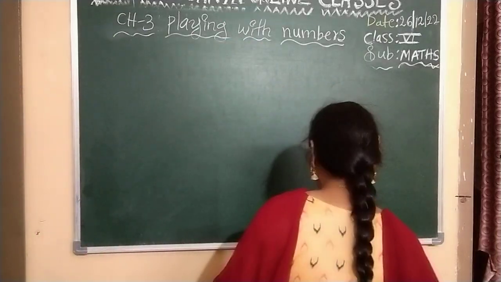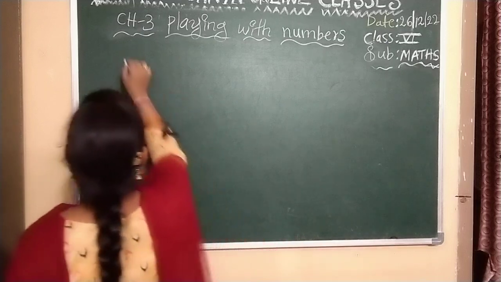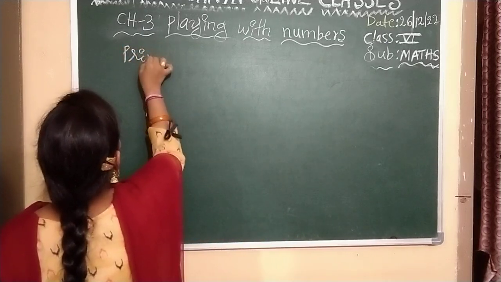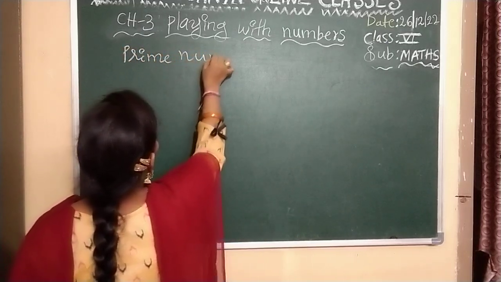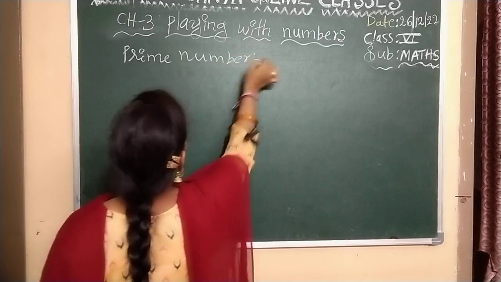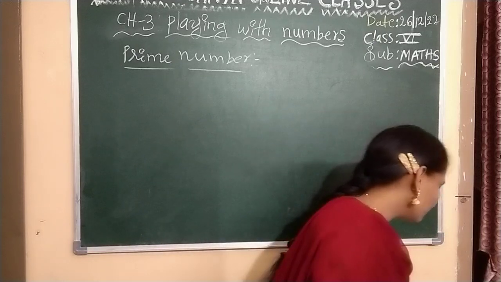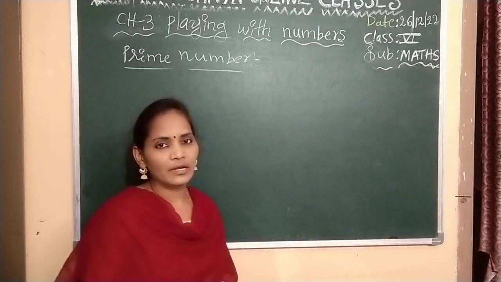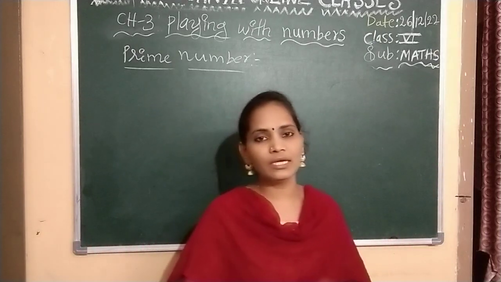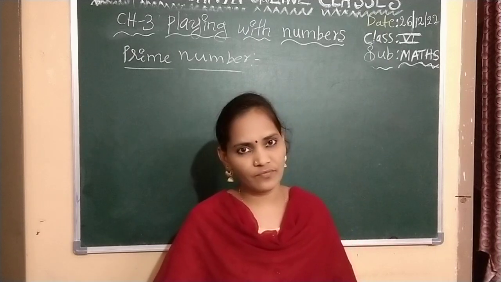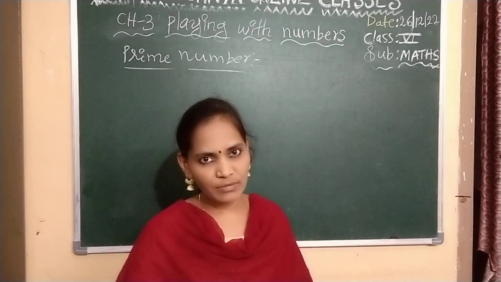Now, prime number. What is a prime number? Very simple. The numbers which have only the factors 1 and itself are called prime numbers.